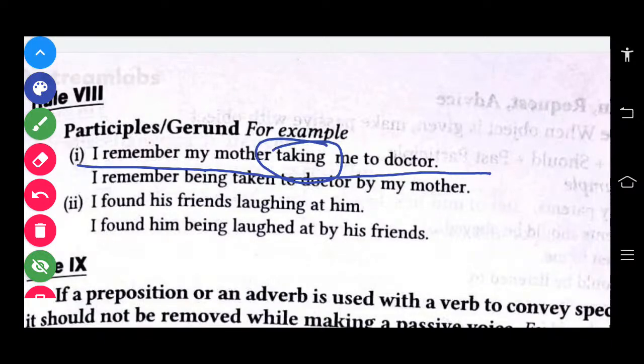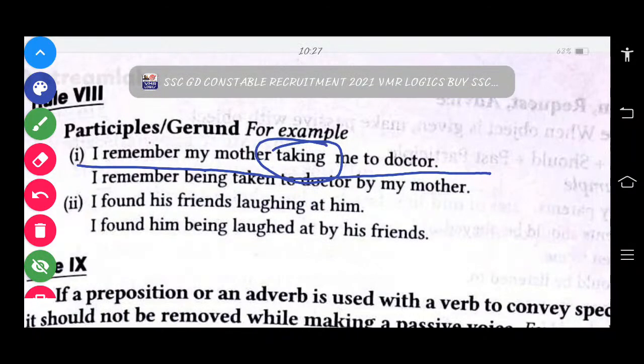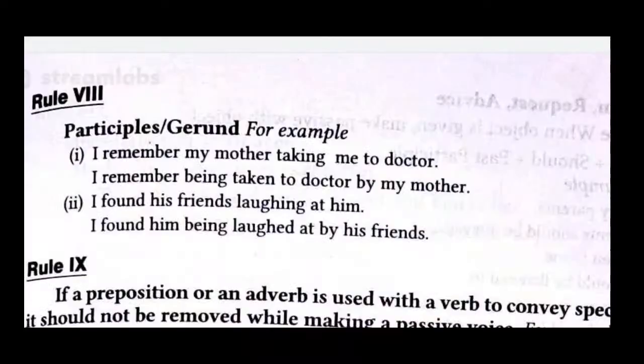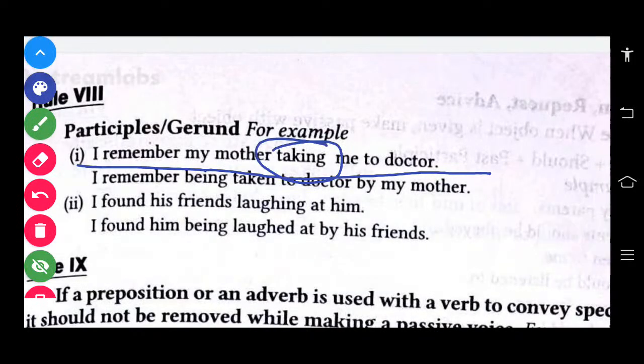Regarding gerund we have learned when to use it: only the direct gerund. Direct gerund means the fourth form of the verb being a subject or object of the sentence. We have to change it.